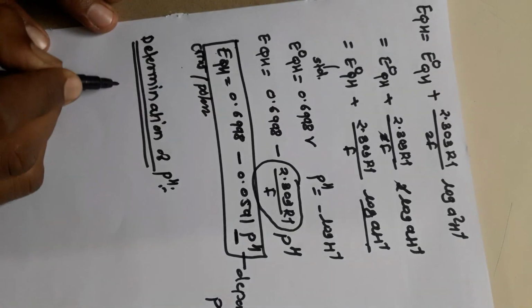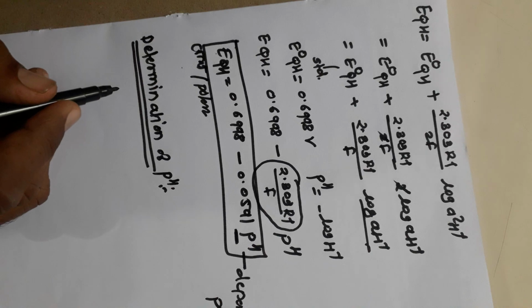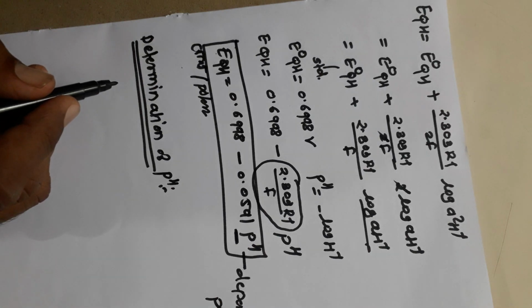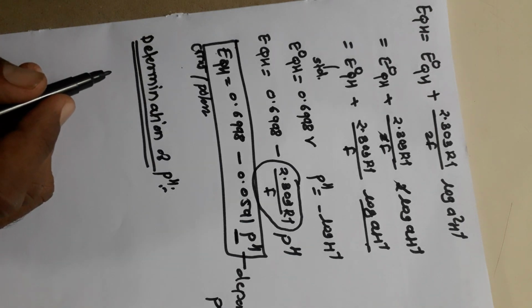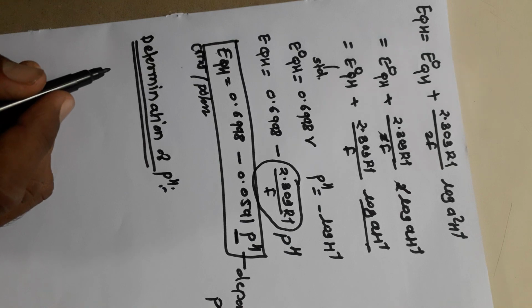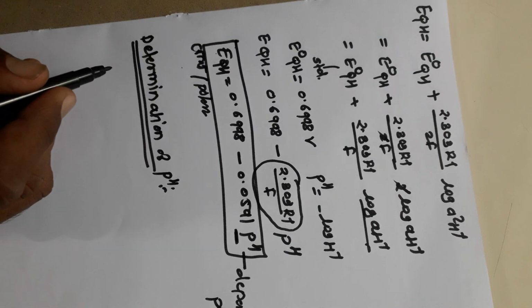See, the quinhydrone electrode is dipped in the solution of unknown pH, and this quinhydrone electrode is coupled with another reference electrode, called the saturated calomel electrode.